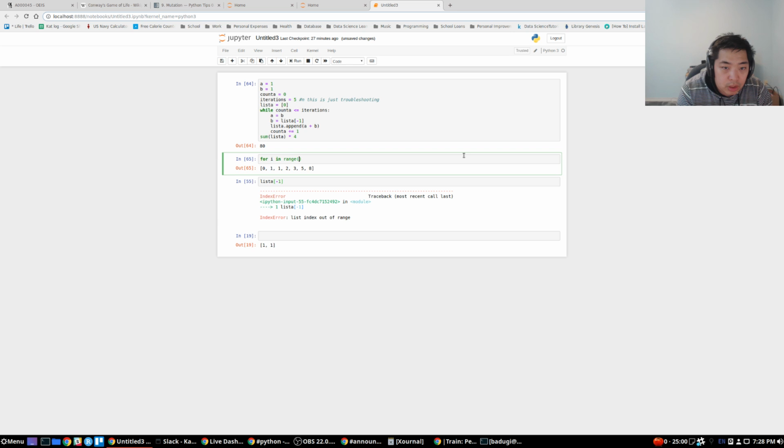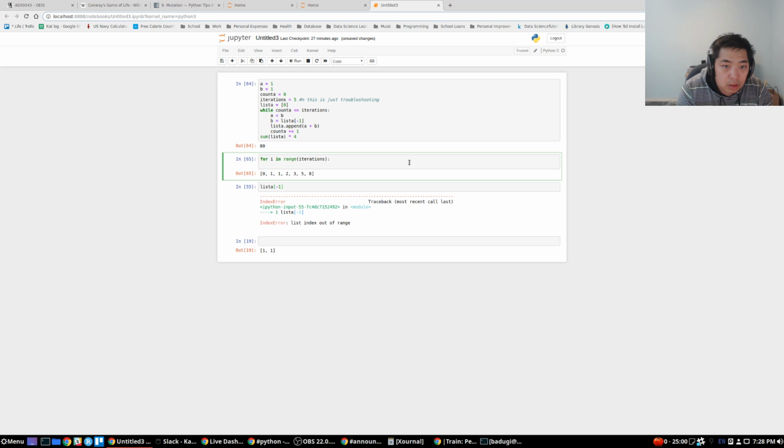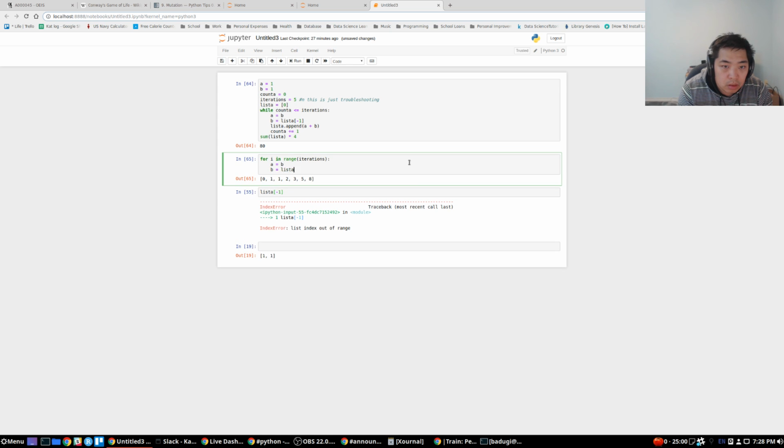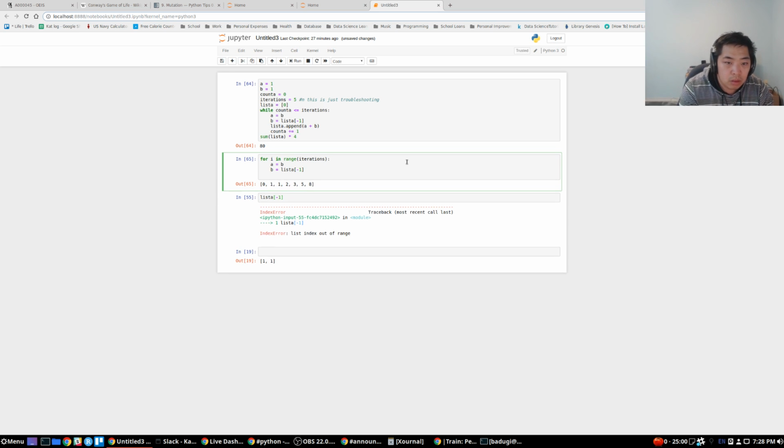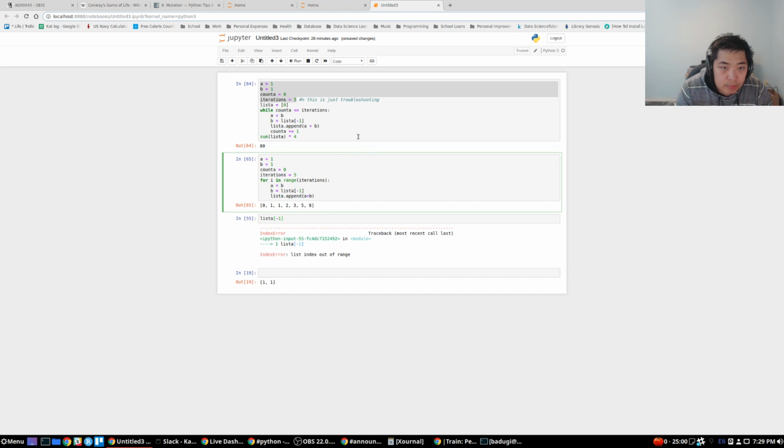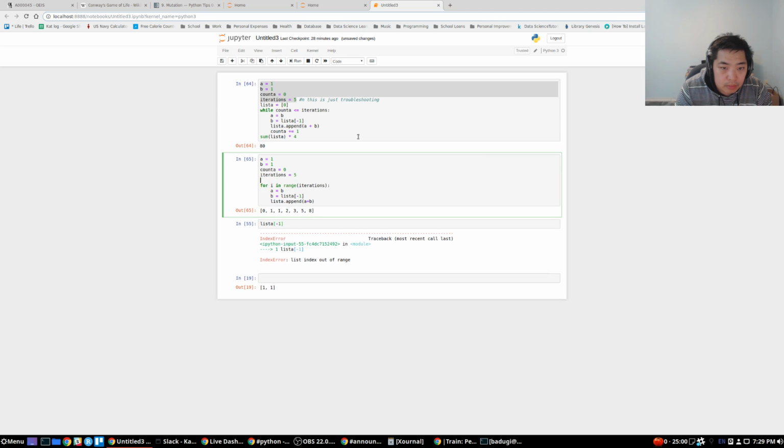For i in range len, or i in range iterations. What's the difference?